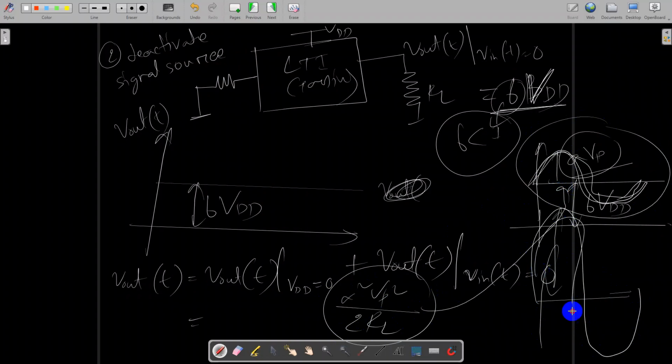We want an amplified version, but this is a shifted version. So the conclusion is no DC power translates to signal power. And a linear time invariant network can't do power amplification even if there is a DC power source available. Okay, let's go forward.